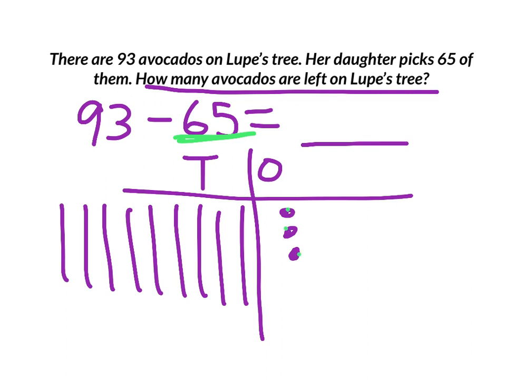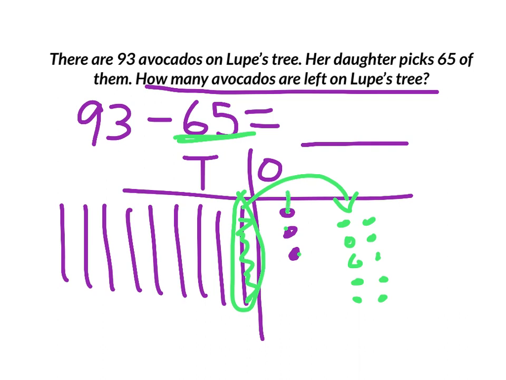There's only 3 there. I will grab this 10, I will push it over here, and I will break it up. 1, 2, 3, 4, 5, 6, 7, 8, 9, 10, and I will cross it out over here since I moved it over. Now I can cross out 5. 3, 4, 5.